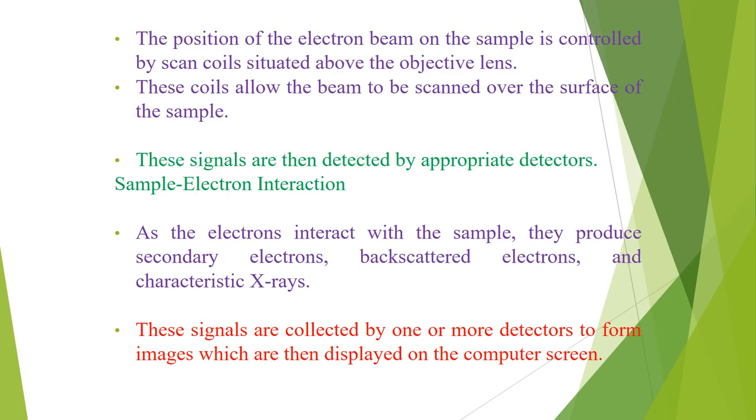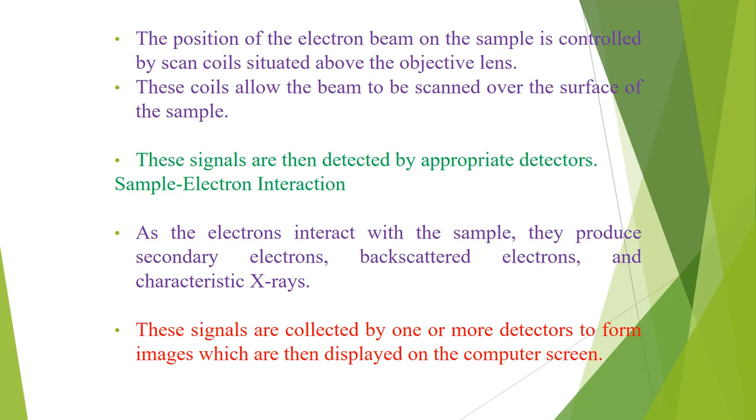Sample electron interaction. The sample electron interaction can be studied in a way that the scanning electron microscope produces images by scanning the sample with a high energy beam of electrons.